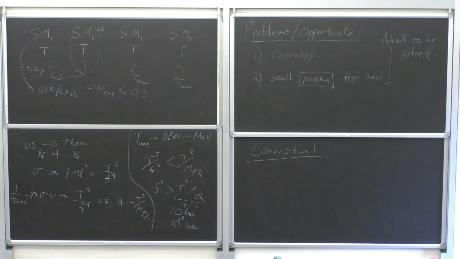There are going to be other, better constraints on f, because a scalar that interacts with the Higgs via a 1 over f coupling does things like mediate fifth forces, it does things like Higgs mixing, etc. And so we're going to have better constraints on f than just 100 GeV or so. But if you want, just set f to 10 to the 8 GeV, 10 to the 9 GeV.